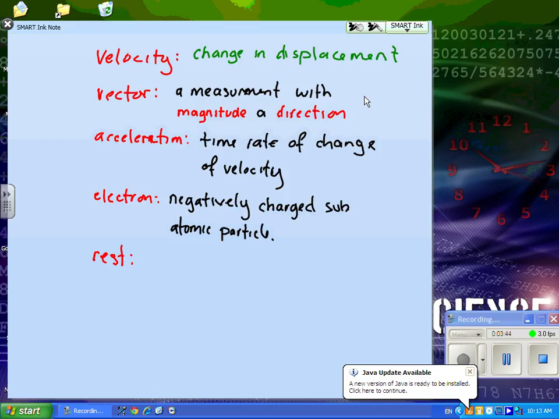rest. So, Riley Anderson, what would you say rest was? Okay, now this is where it gets a little bit complex. Its velocity is 0 compared to?